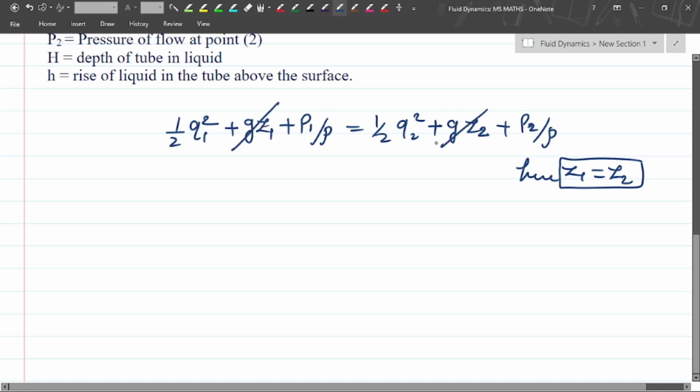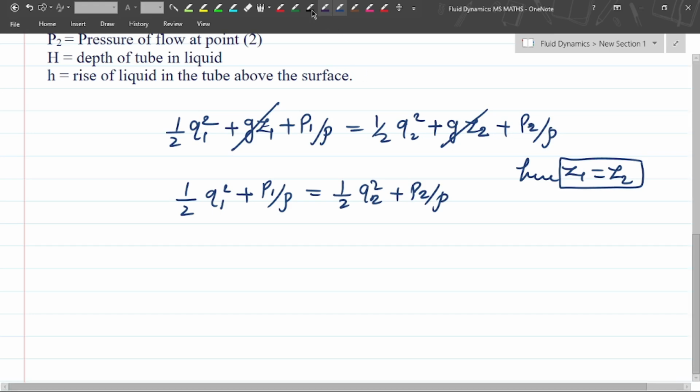Then we can cancel these two things, then it will be q1 square plus p1 upon rho is equal to 1 by 2 q2 square plus p2 upon rho. Here, what is the P? We can write P in this way, rho gh.